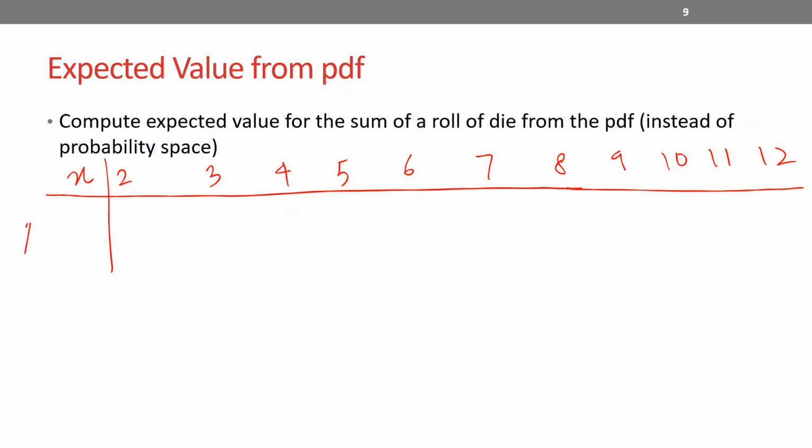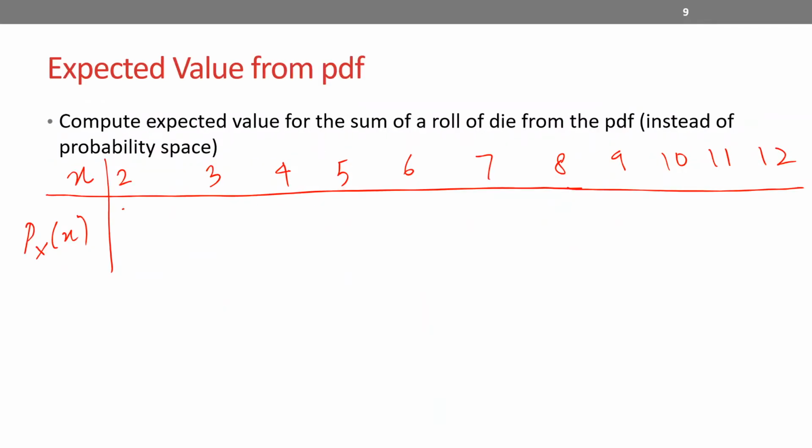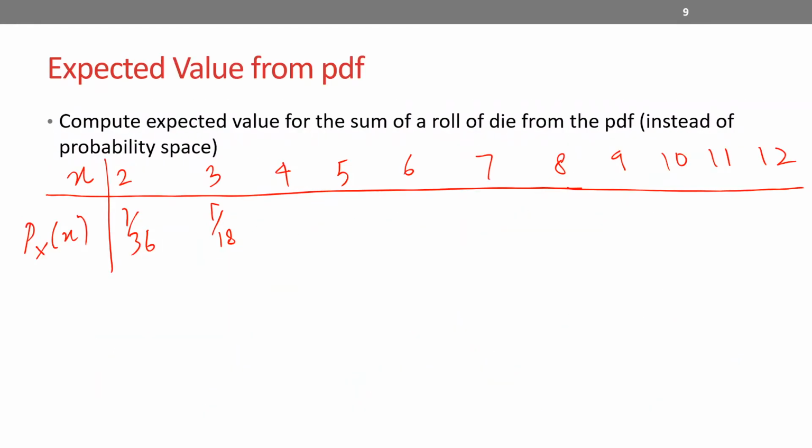And then there is an associated p_X of x for each of these. The probability for 2: 2 appears just once, so the probability of that is 1 over 36. 3 appears 2 times, so this is going to be 2 over 36, which is 1 over 18. 4 appears 3 times, so this is 3 over 36, which is 1 over 12.